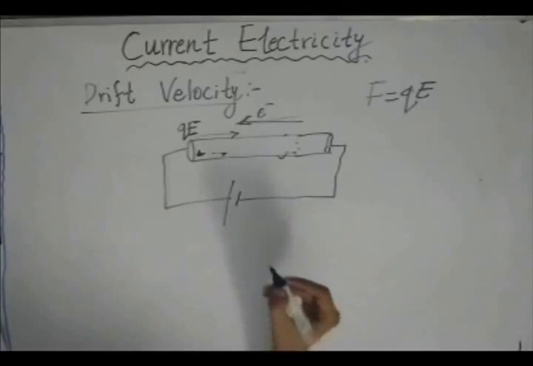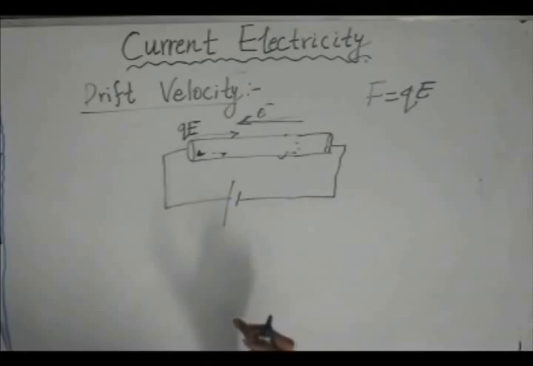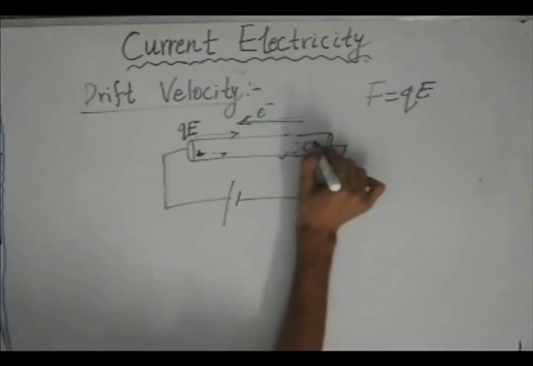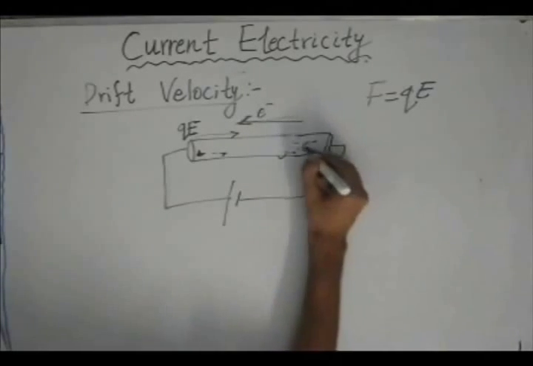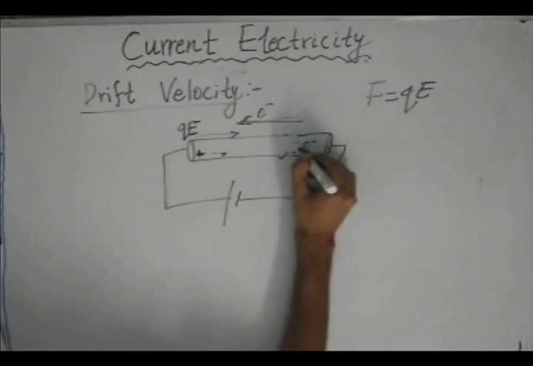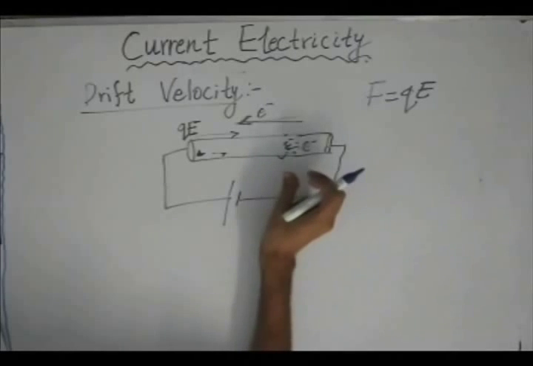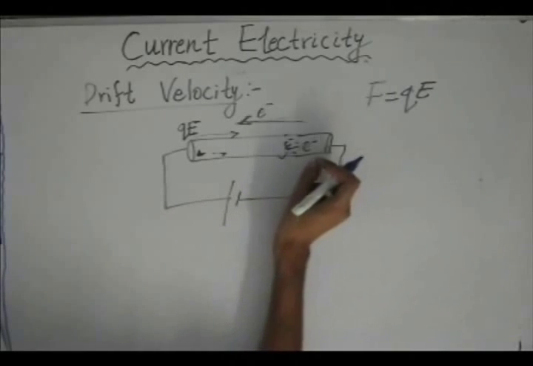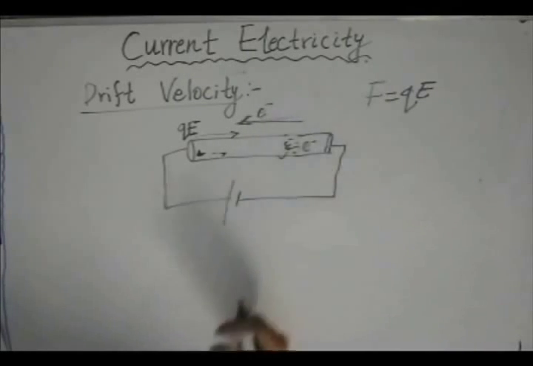Now what will happen is that this acceleration is not continuous. Suppose we consider an electron. It will experience a driving force, an acceleration, and it will strike another electron just nearby after traveling a distance known as the mean free path, which we know from the kinetic theory of gases is the distance after which an electron will collide with another electron.